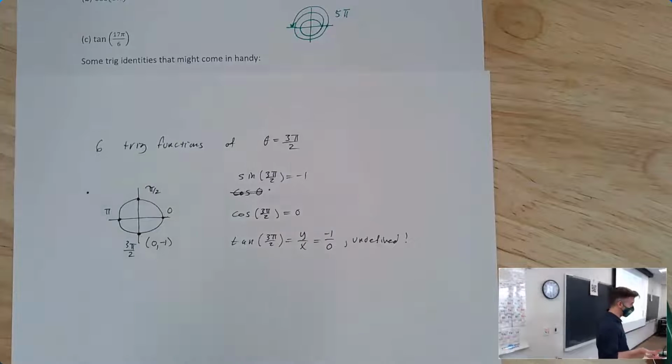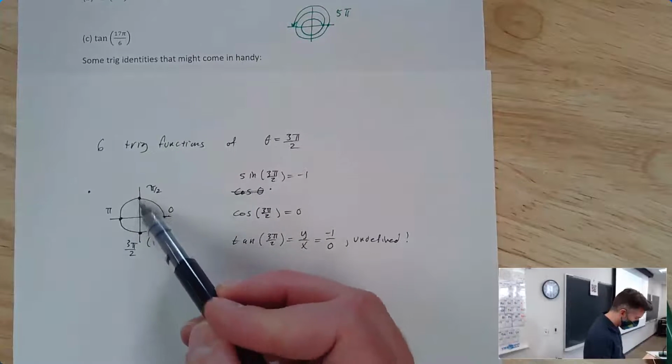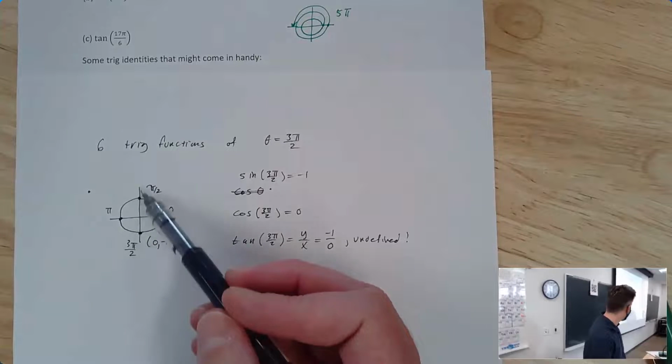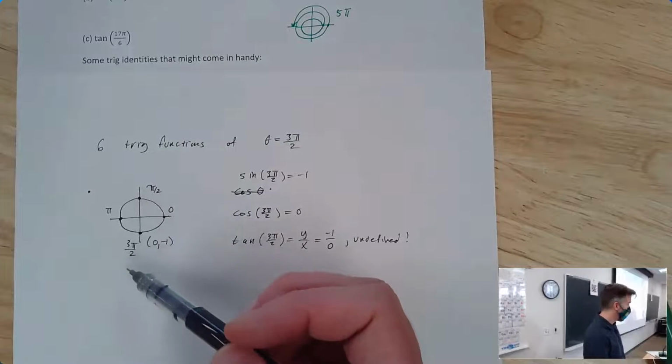And that's the exact domain issue we're running into here. We'll see this more when we actually graph the tangent function, that there are places where it is undefined and has vertical asymptotes. The same thing happens for tangent at 90 degrees too. That is an excellent observation. Yeah, tangent of 90 degrees or pi over 2 radians will also be undefined. In fact, tangent at any of the top or bottom points on the unit circle will always be undefined.